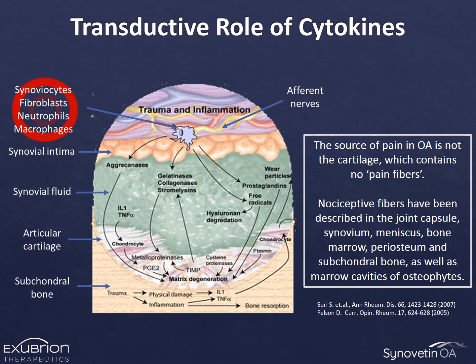Nociceptive fibers have been described, however, in the joint capsule, the synovia, in the menisci, bone marrow, periosteum, and subchondral bone, as well as within marrow cavities of osteophytes. In normal joints, the majority of nerve receptors don't respond to noxious stimuli. However, in the OA process, the nervous system is sensitized or upregulated for a response, and that response is pain.